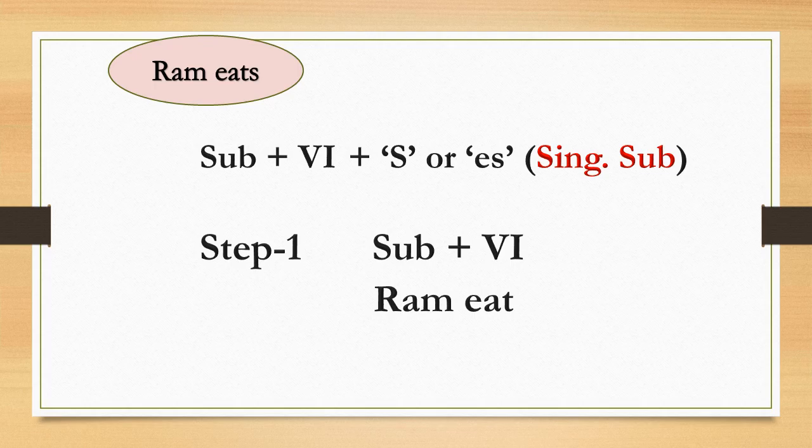So these are all singular subjects. And what are plural subjects? More than one thing. Like if I'm talking about more than one person, more than one boy. If I'm talking about boys, so boys are your plural subject. Boys is a plural subject, so you will not add s or es with the subject boys.